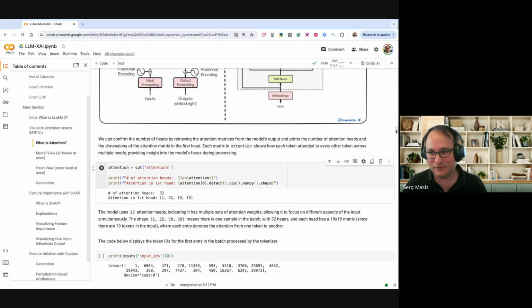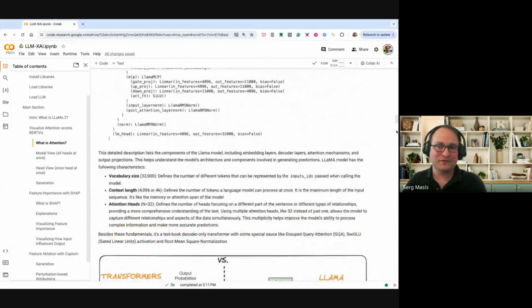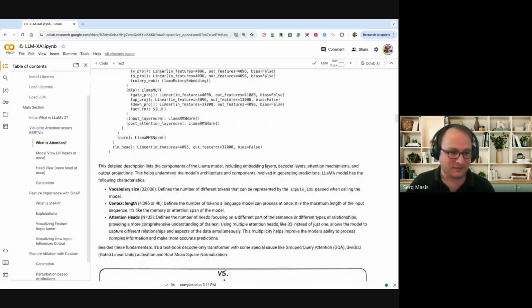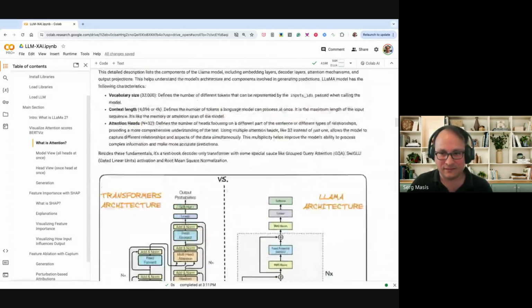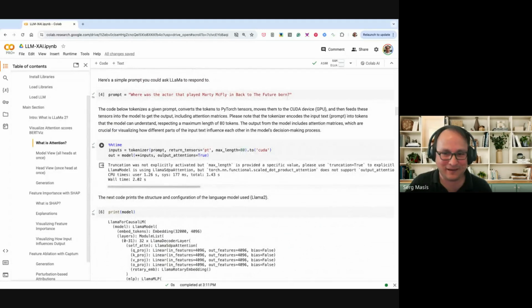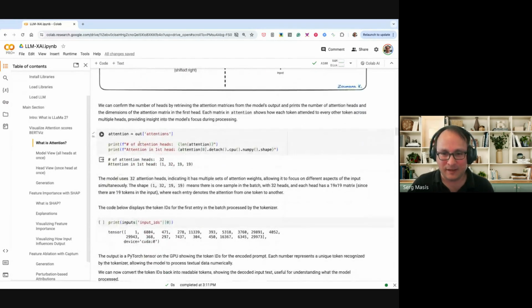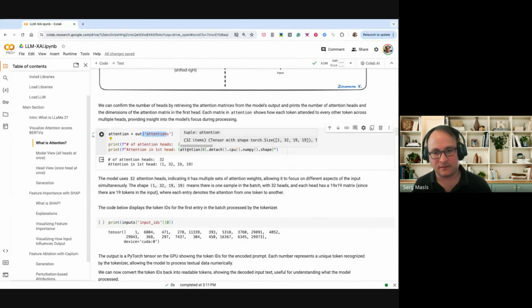So you don't even have to look into the paper. You don't have to even look here. It's just the output of the attention, because we asked it. I forgot to mention that we asked it here to output the attentions. By accessing this, we can reach that information.